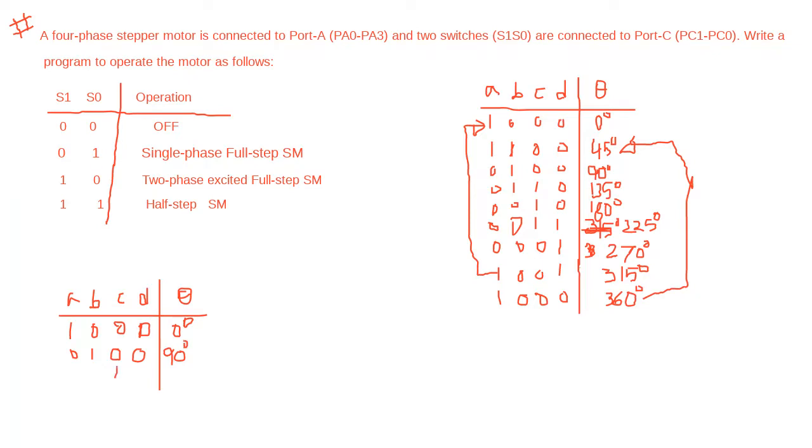And then C only, then another 90, so 180.